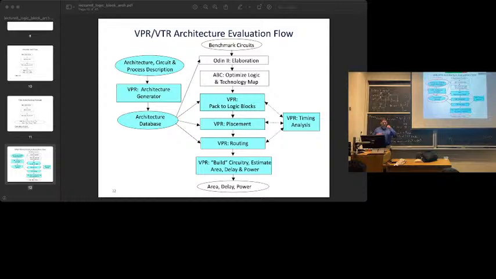You'll actually use this tool in assignment 4. In assignment 3, you're writing a RAM mapper, which is basically a part of this packer. You're writing a mapper that decides, for the RAM part of the architecture, how to put it into the RAM blocks that exist on the chip. That algorithm exists inside VPR, and it also exists inside Quartus.